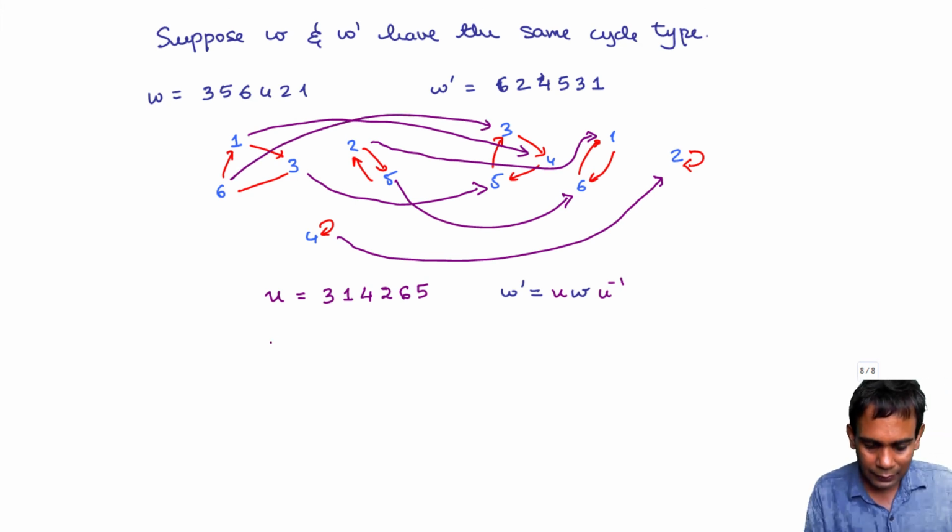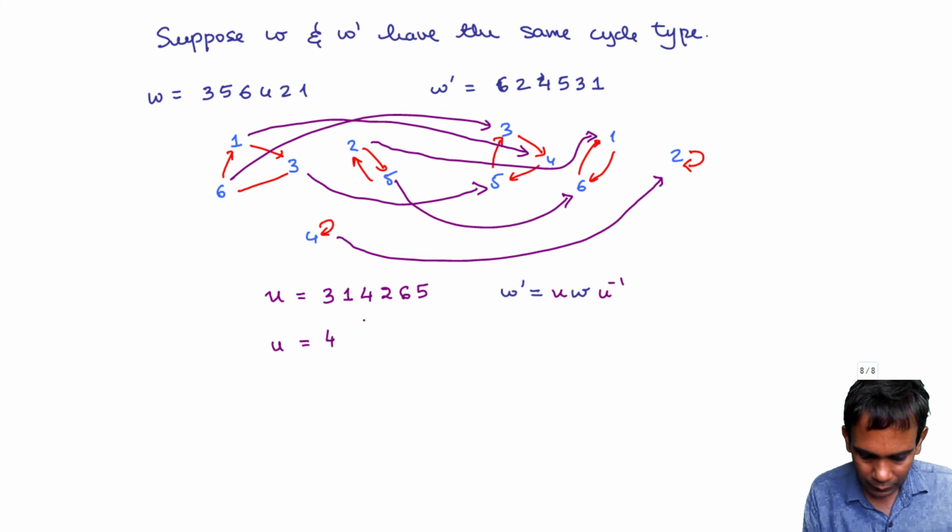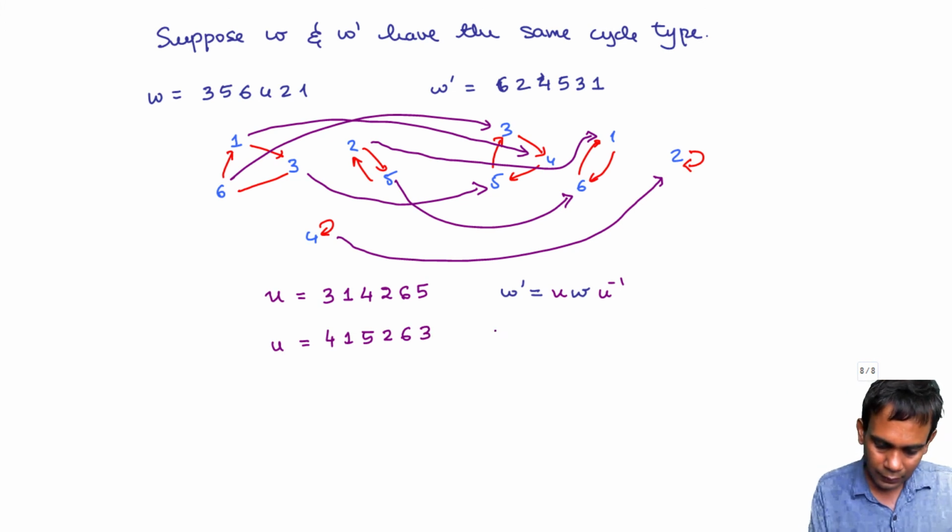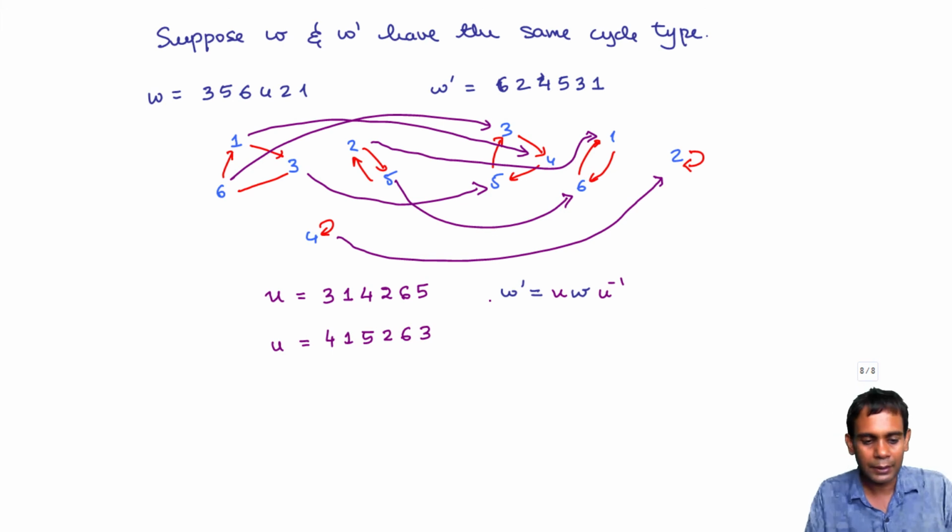So then I'll get another u, which is 1 goes to 4, 3 goes to 5, and 6 goes to 3. Then again we have the same equation, that w prime is u w u inverse.